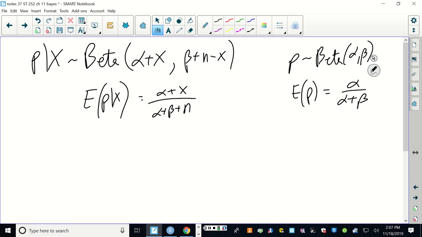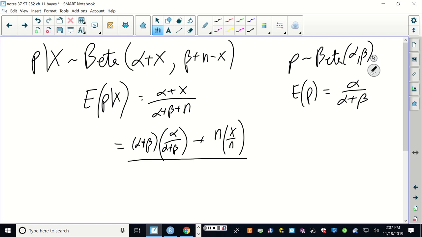There's an interesting way to write this. If you write alpha plus beta times alpha over alpha plus beta here, and then n times x over n here, all over alpha plus beta plus n, the posterior mean ends up being a weighted average of two things.